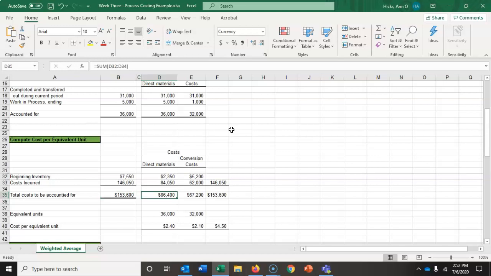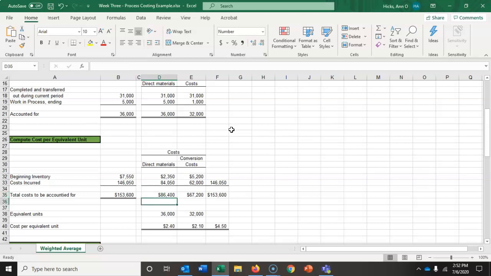That's broken down into $86,400 in direct materials and $67,200 in conversion costs. So now we can compute the cost per equivalent unit. And again, we're going to have two different costs per equivalent unit because there are different equivalent units for direct materials than there are for conversion costs.